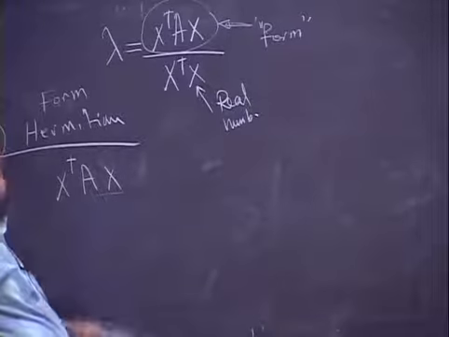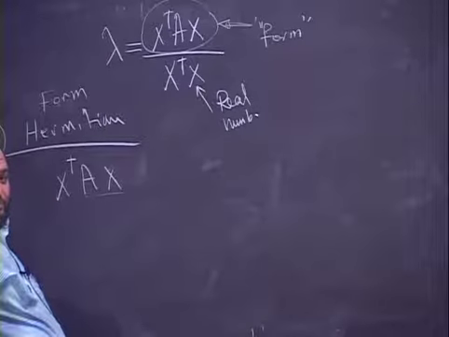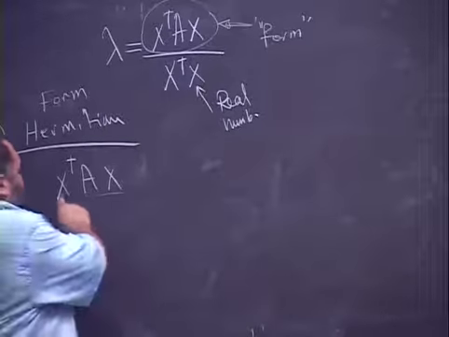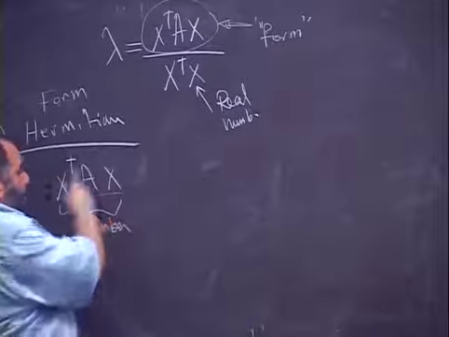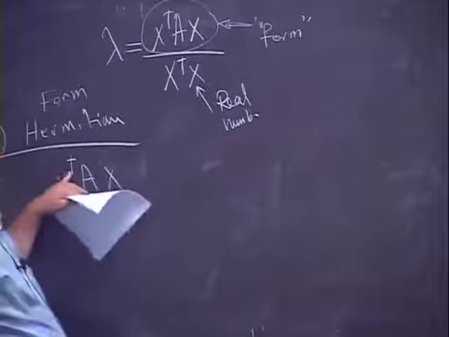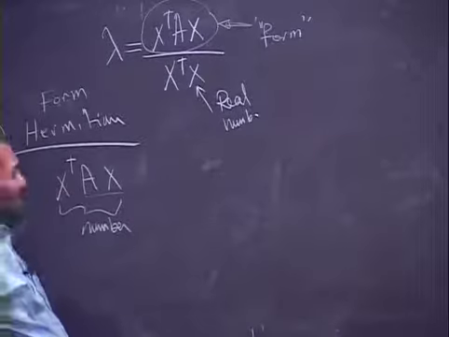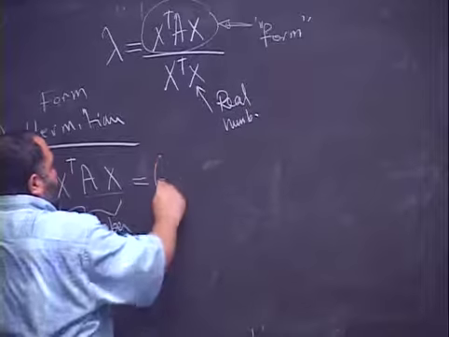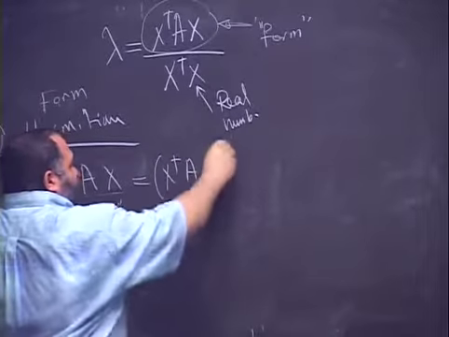A vector multiplied by a vector will give you a number. Yes? So this is a number. Maybe a complex number, because this is complex, or maybe it's a real number. So if I take the transpose for this number, did I do anything?